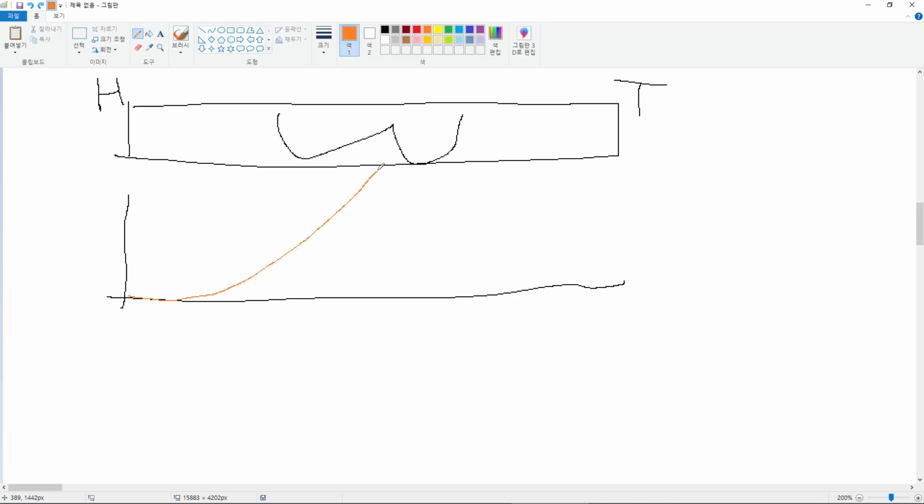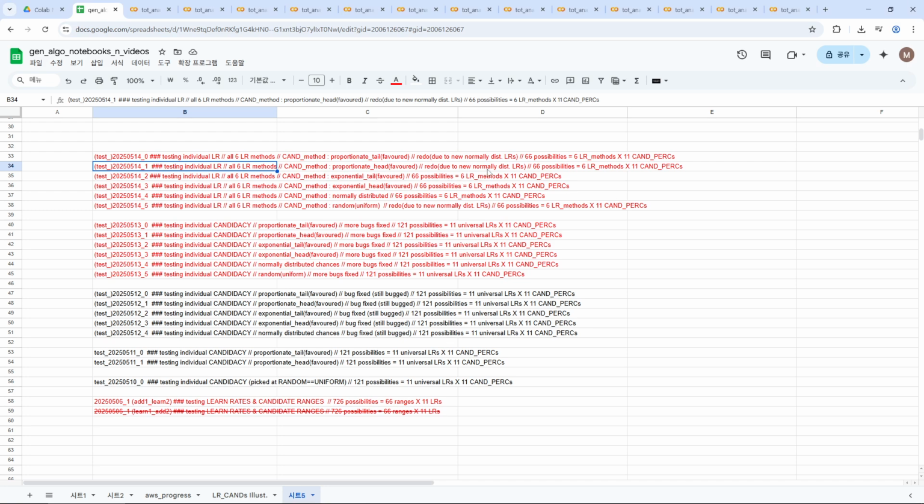And uniform. So the one in the middle would most likely be picked as one of the learned candidates. So those are the 6 candidate methods, or candidacy methods.